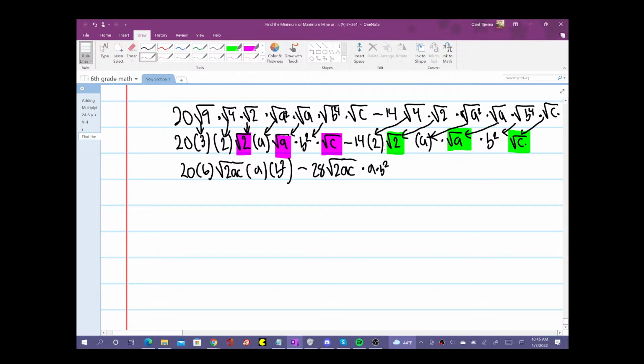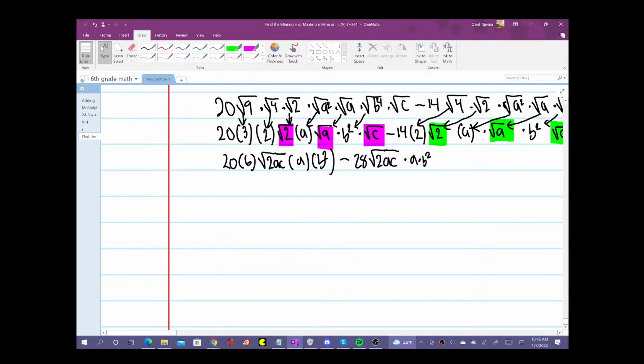So that's basically how you do that. Now 20 times 6 is 120, times the square root of 2ac, ab squared, minus 28 ab squared, times the square root of 2ac.